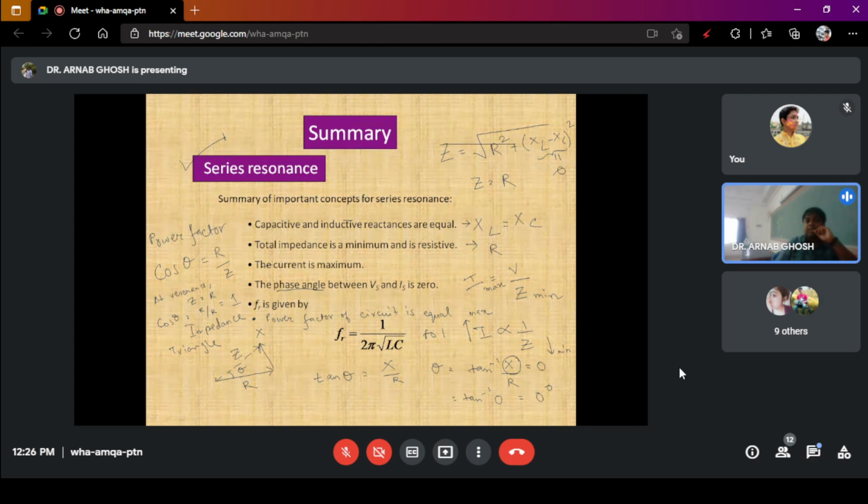For series resonance, these are the 6 conditions: reactances equal, impedance minimum and resistive, current maximum, phase angle 0, power factor 1, and resonant frequency given by 1 by 2 pi root over LC.